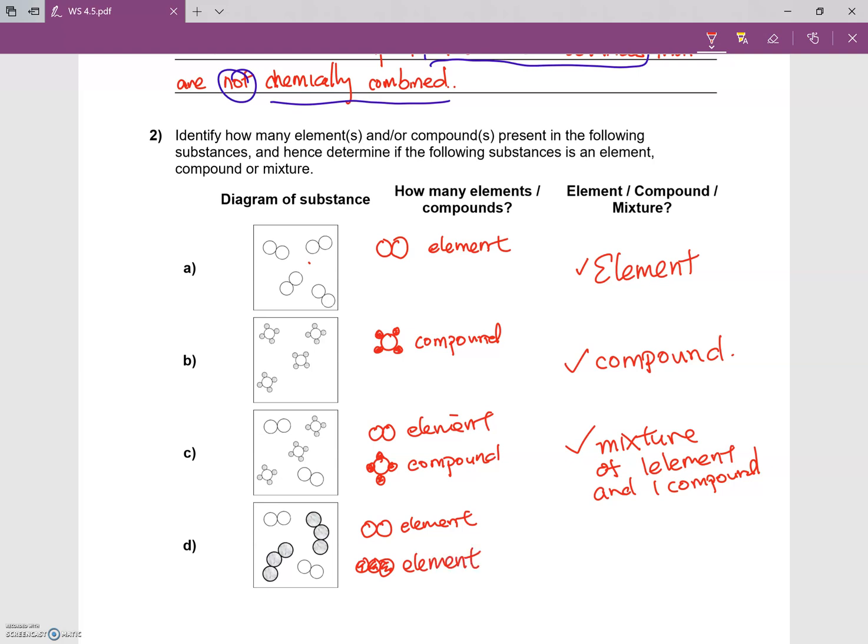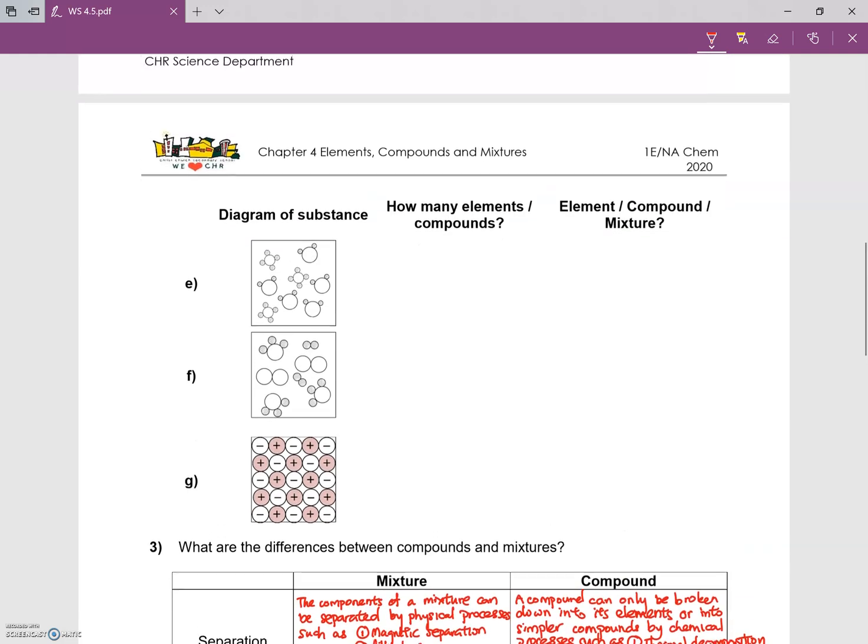Now, when I have two different types of elements, it's not purely the first type or purely the second type. Once again, we consider this a mixture, a mixture of two different elements. So take note of this. How about the rest?